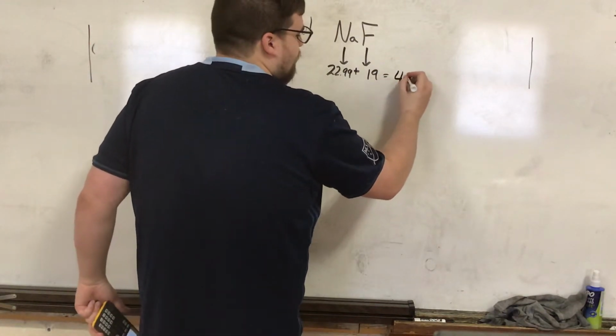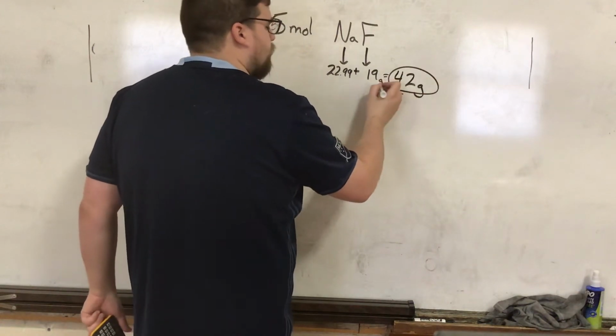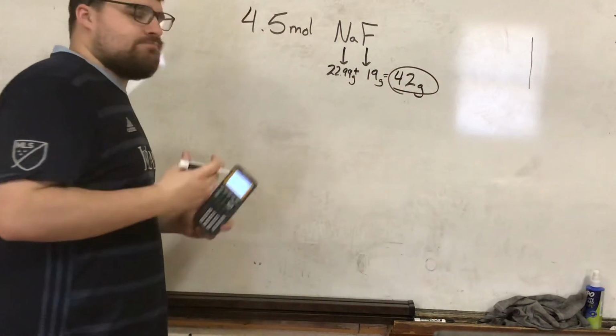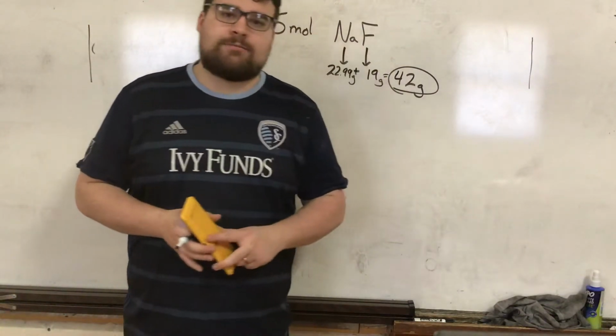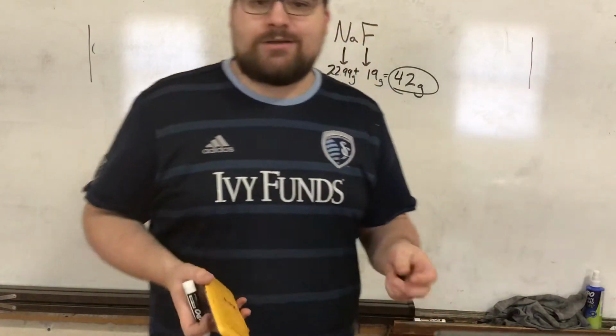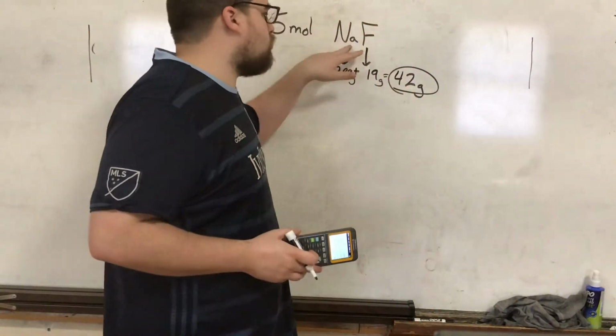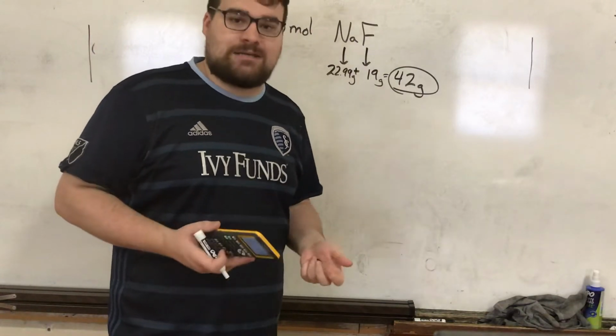I'm just going to be a little generous here and round that, say 42. So the molar mass of sodium fluoride is 42 grams. Again, we're able to find that just by adding the individual atomic masses of each element that makes it.